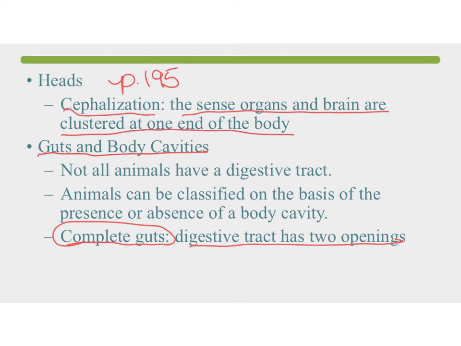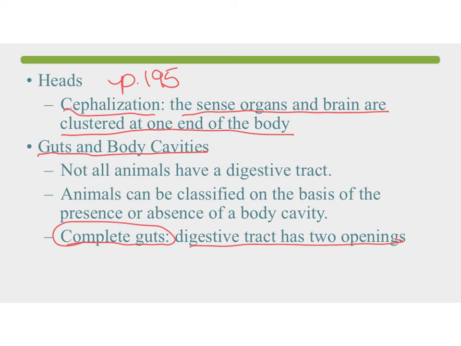Then you have an incomplete gut, which we'll talk about on the next page, in planarians. That's because it has only one opening. Basically, the food goes in and the waste is released at the same place. That's just nasty. Okay? Everybody got that?